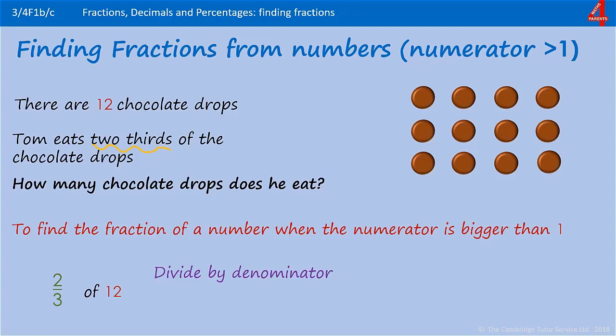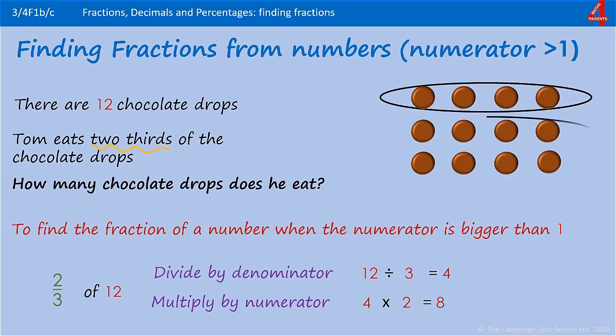So the number we have is 12, and we divide that by the denominator, which is 3, and that gives us 4. Now we multiply the answer we have by the numerator. 4 multiplied by 2 is 8. So we get the same answer. 2/3 of 12 is 8.